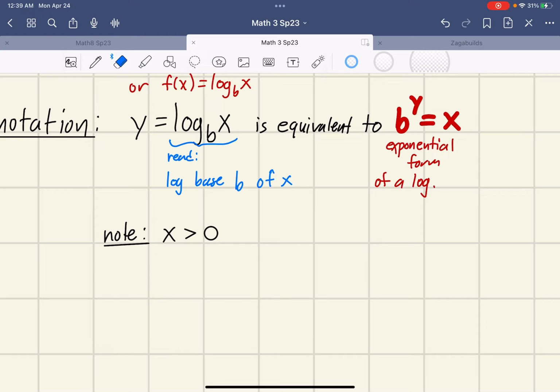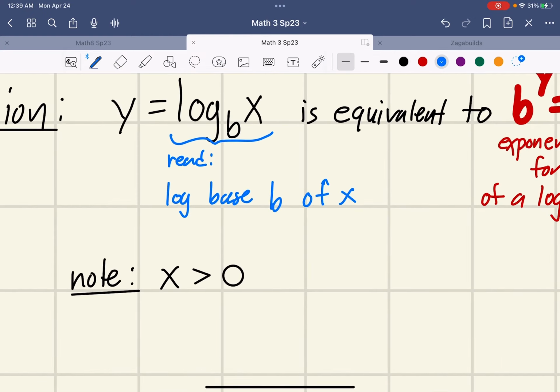But to help add some terminology, the same way when you think about a radical, the inside of the radical is known as a radicand, and the bottom of a fraction is known as a denominator, well, the inside of a logarithm is known as an argument. So you might hear me use this word, where the argument, or domain, of a logarithm has to be strictly greater than 0.